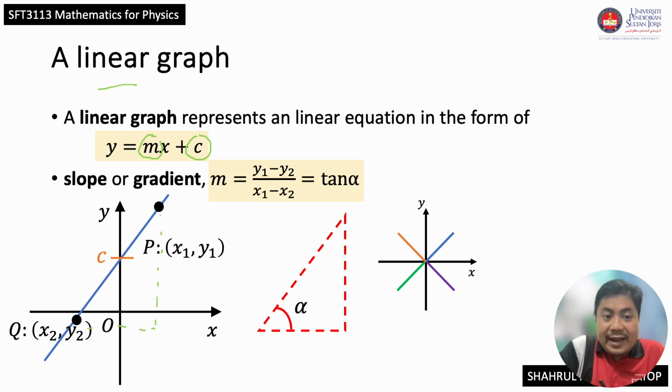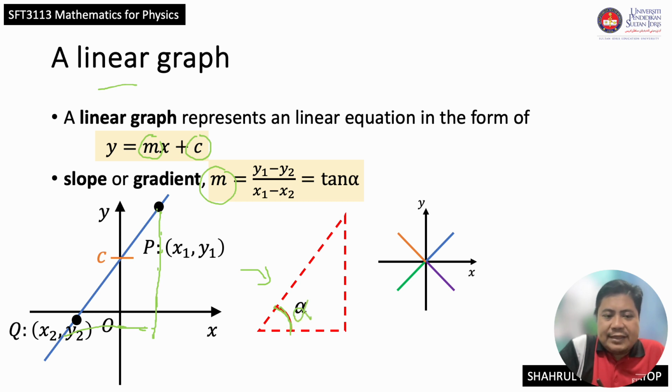right triangle where we extract here. So the value of this difference divided by this difference is the slope of the graph, and the angle here makes the alpha value.